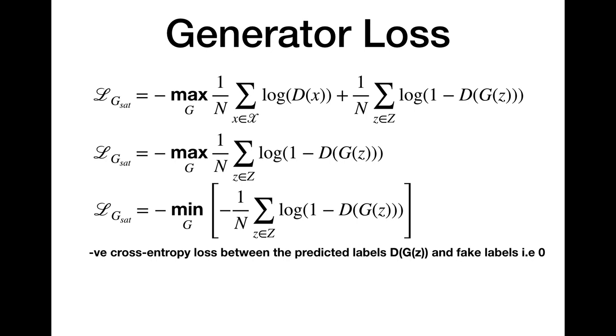This makes sense as the generator does not want the discriminator to predict the fake label for the fake images. It wants to fool the discriminator as much as possible. When we write this in terms of code, we simply have the negative of the binary cross entropy loss between the fake images and their corresponding fake labels, which are zeros.